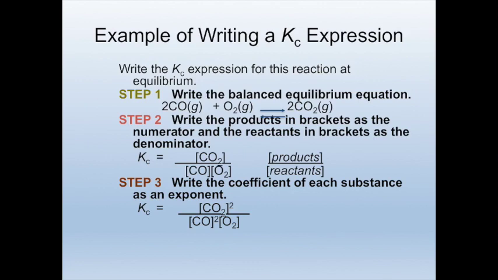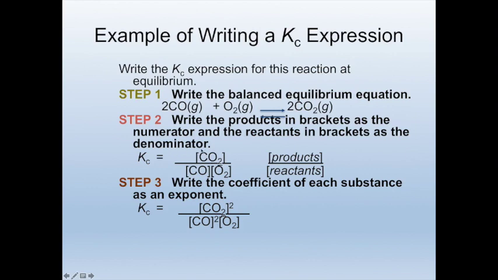So we're going to do an example. Write the Kc expression for this reaction between carbon monoxide and oxygen at equilibrium. First, you write the balanced equation: 2 carbon monoxide molecules plus an oxygen molecule yields 2 carbon dioxide molecules. Then you write the products in brackets as the numerator and the reactants in brackets as the denominator.